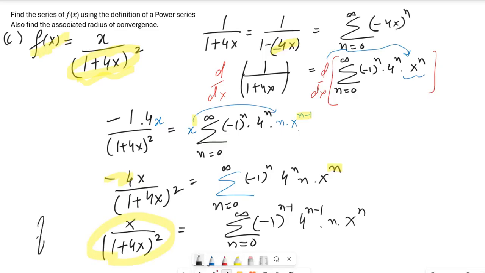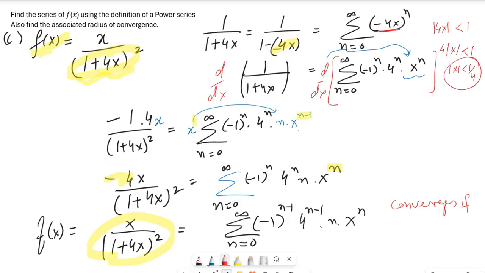So we can say f of x is equal to this, is equal to this as a power series, and this converges if, where, how did we know when does it converge? When we started with this, when absolute value of 4x is less than 1, or we can say absolute value of x times 4 is less than 1, or we can say absolute value of x is less than 1 by 4.